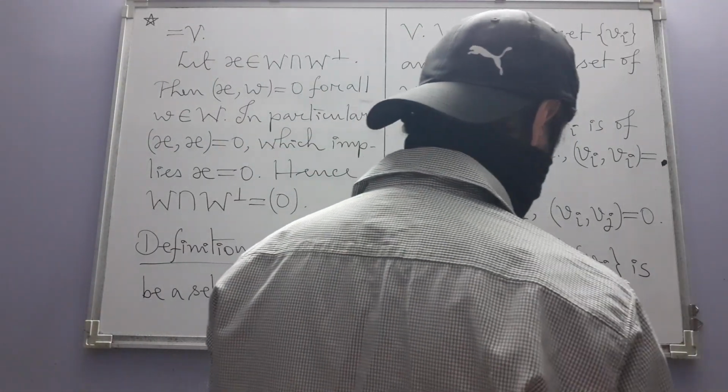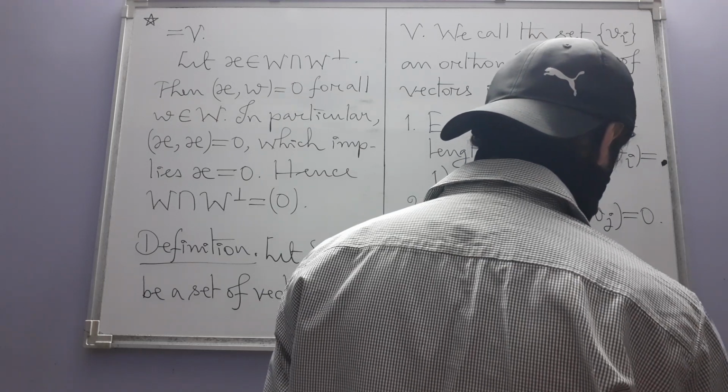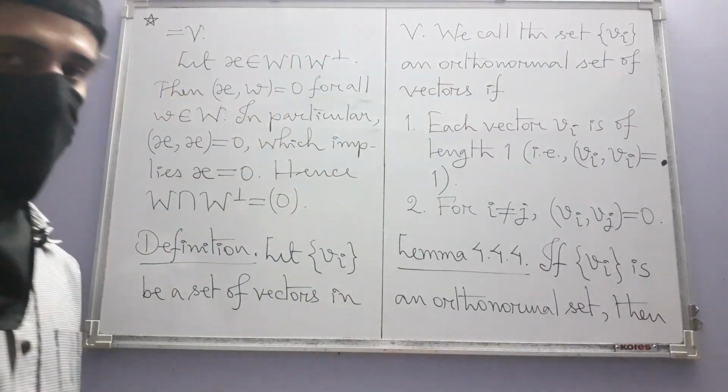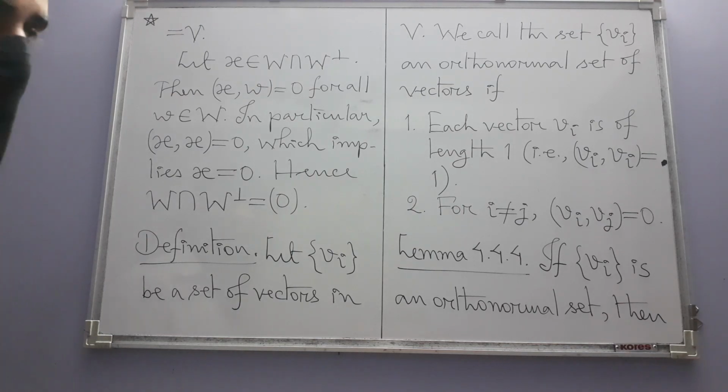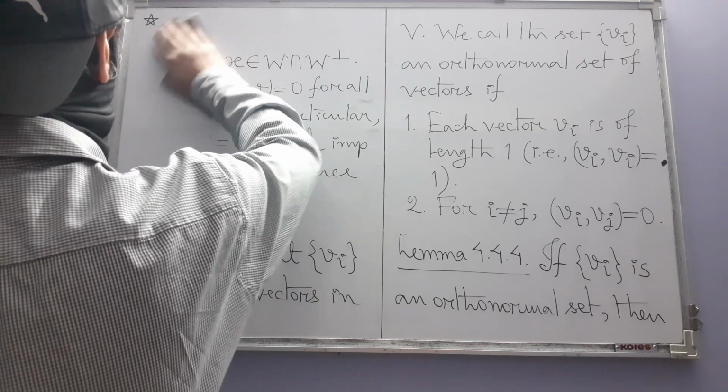If Vi is an orthonormal set, then the vectors in Vi are linearly independent. Any orthonormal set is automatically linearly independent.